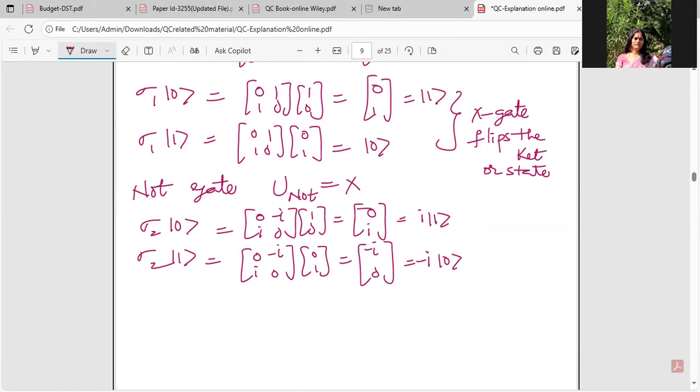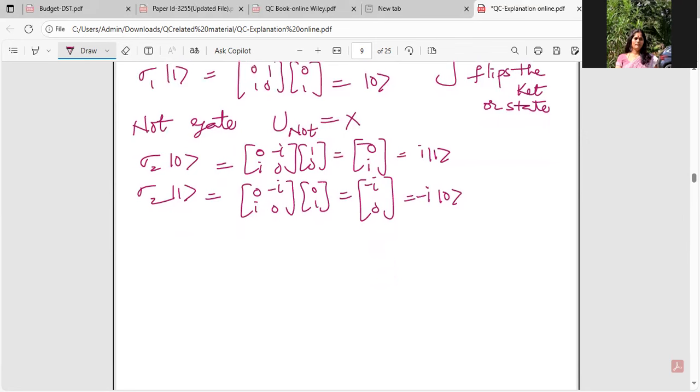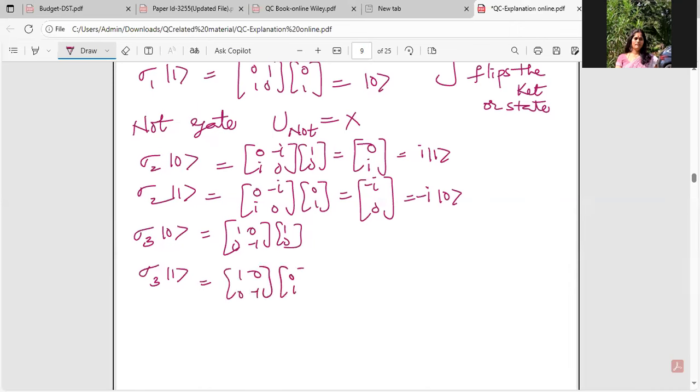With Y. Next, sigma 3. What happens when ket 0 is passed, and what happens when ket 1 is passed? 1 0, 0 minus 1 on 1 0 and on 0 1. Let's see what happens.